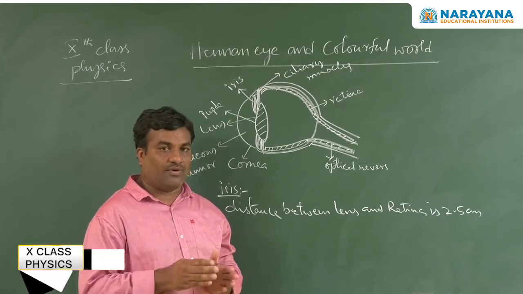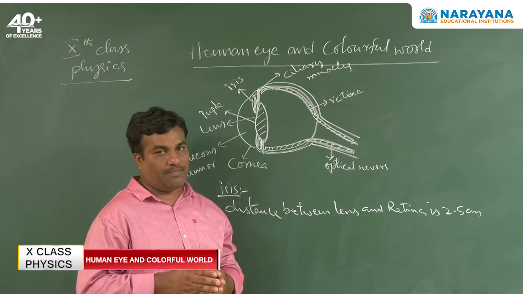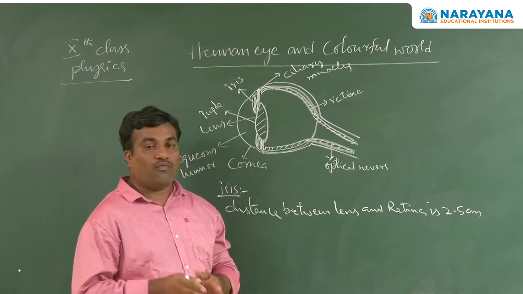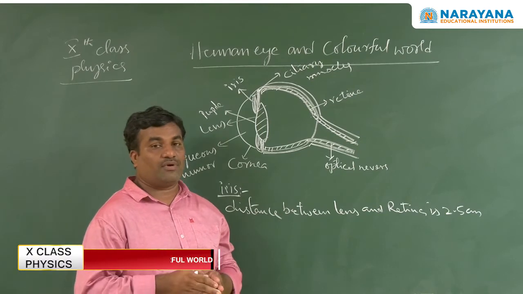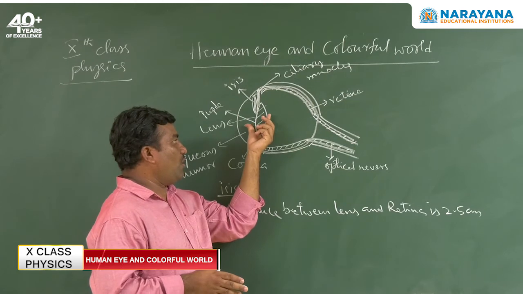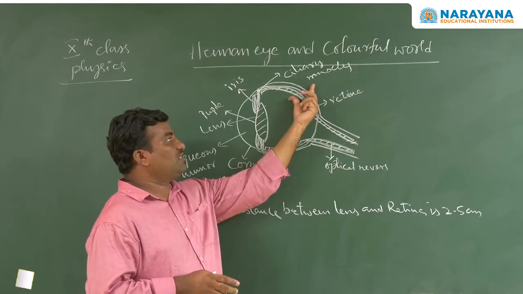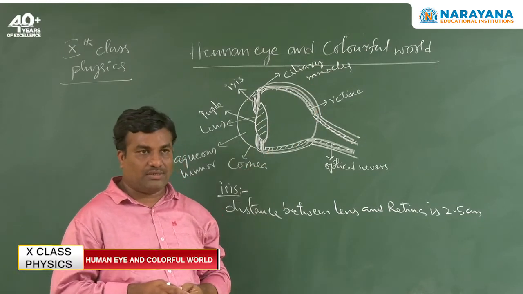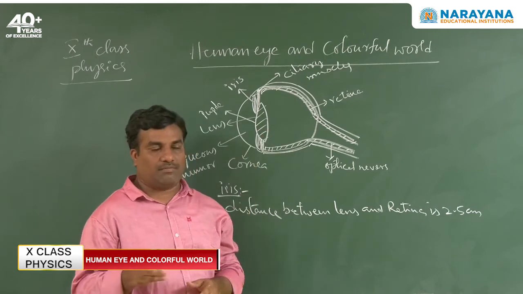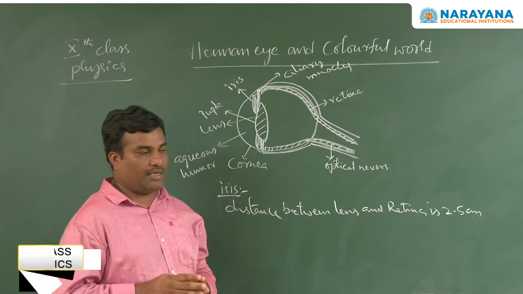The ciliary muscles play the key role in changing the focal length and radius of curvature of the eye lens. For a long distance object, the focal length of the eye lens is maximum, so we get clear images on the retina.